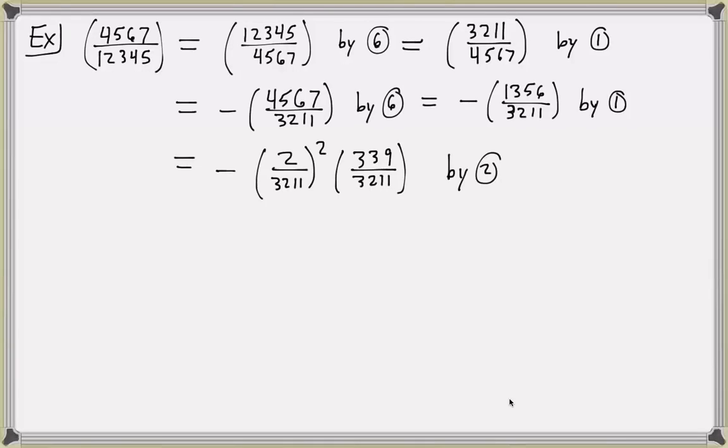Again, by property 2, since 1,356 equals 2 squared times 339. Now, any Jacobi symbol squared will just equal 1. So this just equals the negative of 339 over 3,211.